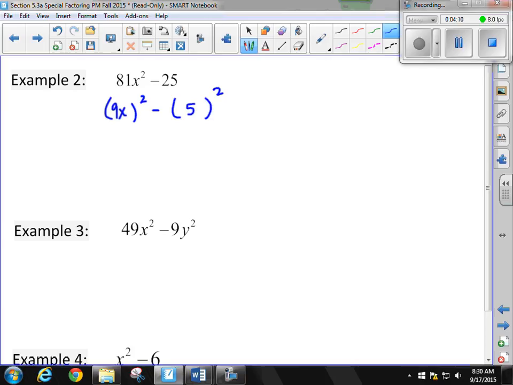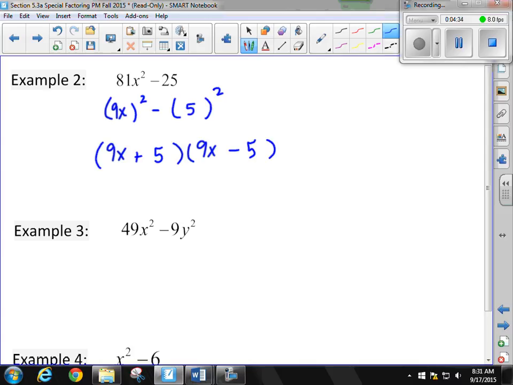So again, I'm looking at what's the first thing I'm squaring, what's the last thing I'm squaring. I have one plus and one minus when I factor. The first thing is 9x. That goes in the first spot in each parentheses. And the last thing I'm squaring is 5. That goes in the last spot in each parentheses.